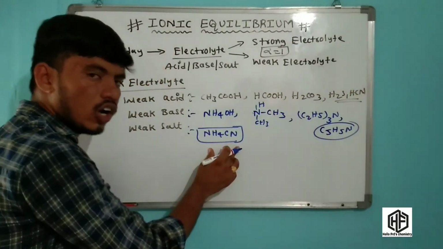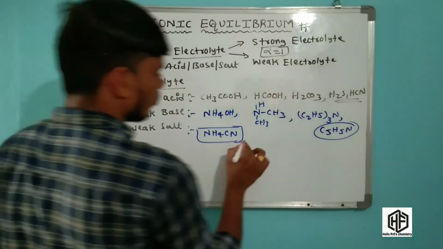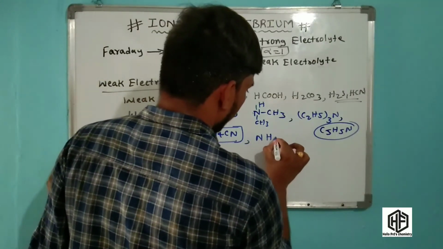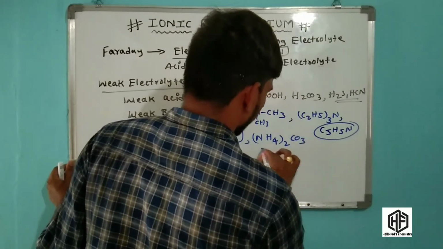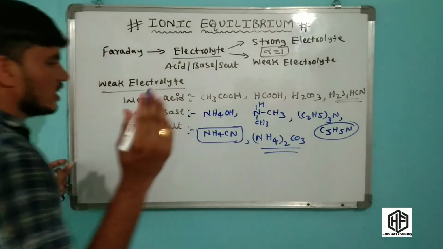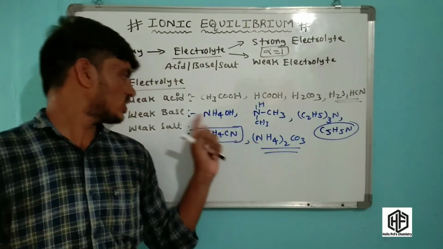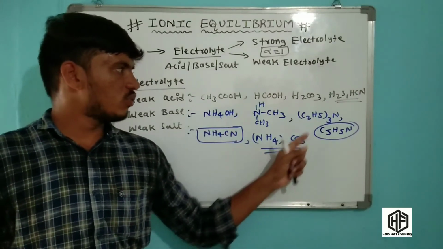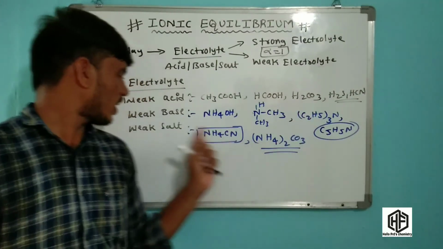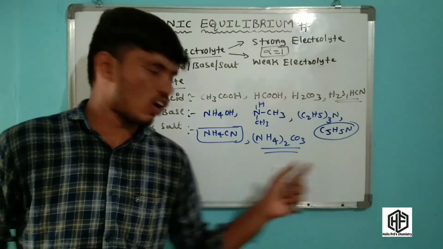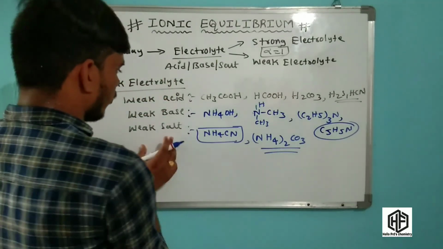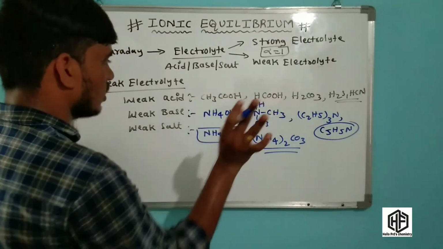Another point is (NH4)2CO3. This is also called a weak salt because NH4 is a weak base and CO3 is a weak acid. If any one is weak, it is also called a weak salt. These are the examples of weak salts, with a weak base and a weak acid.